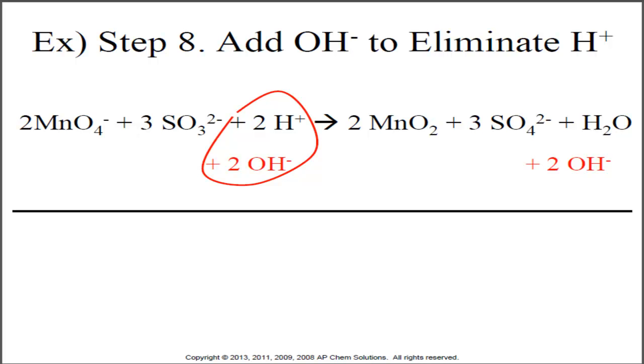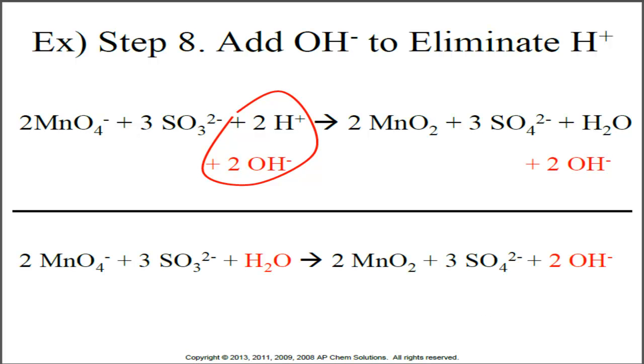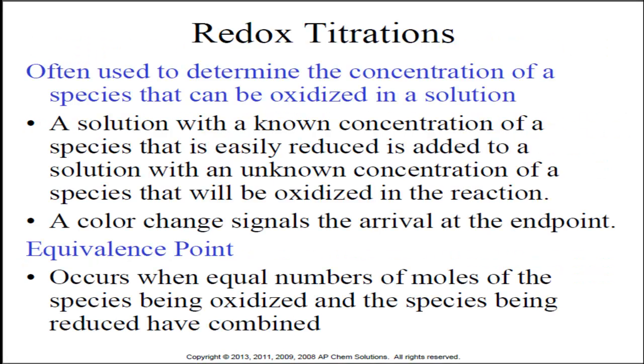Okay? So when we add the 2 hydroxides here, those 2 hydroxides are going to react with the 2 hydrogens, and we're going to end up with waters. So 1 water is going to cancel from each side of the equation, and we are left with our redox reaction that's balanced in a basic solution.